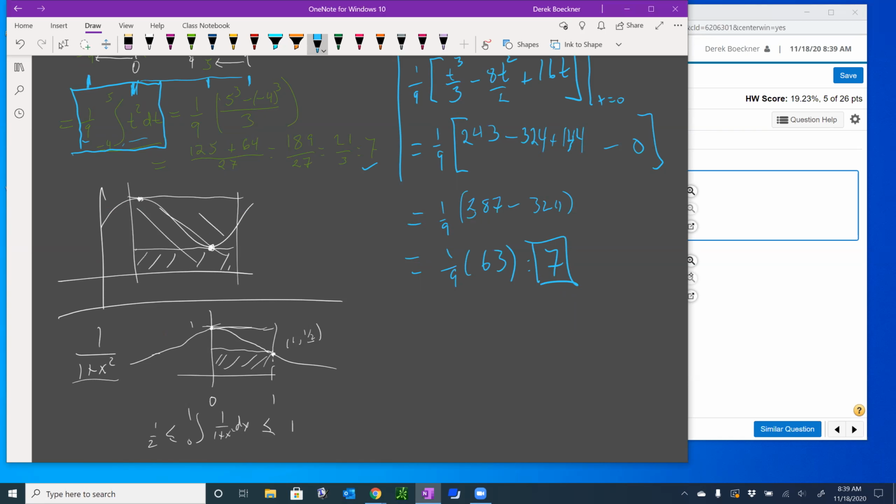I just thought that was the harder way compared to using the geometry and shifting it back. Okay.